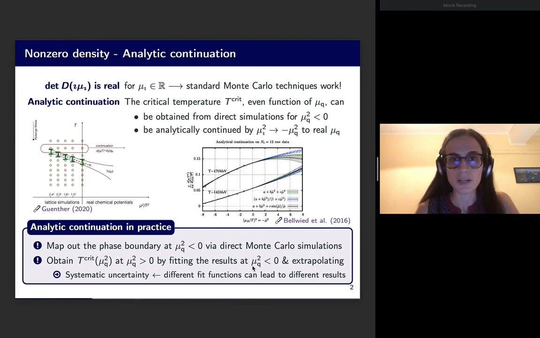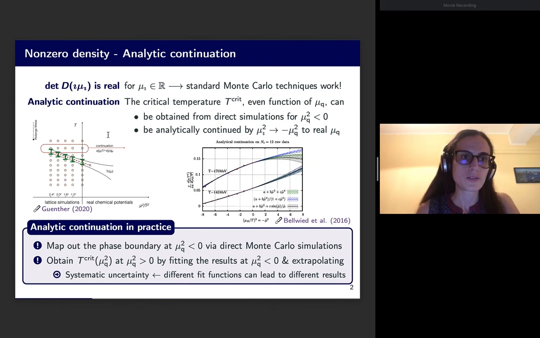First of all, you are able to simulate and employ standard Monte Carlo techniques because the determinant of the fermion matrix is real, and in this case you can simulate it for i mu_I when mu_I is a real number.